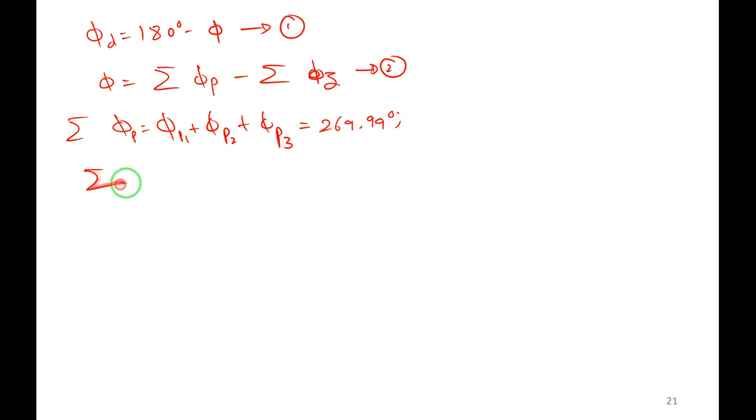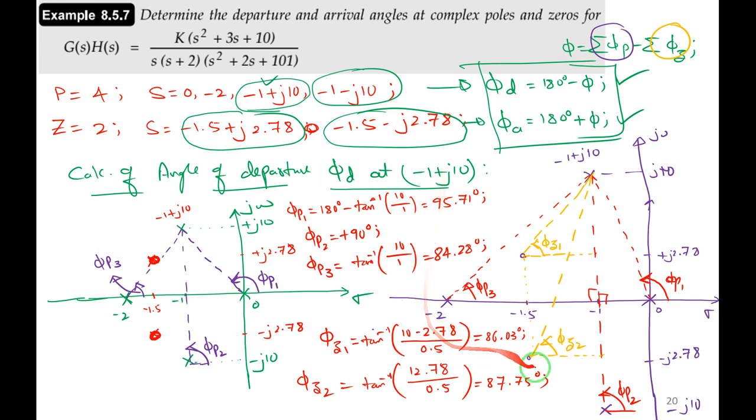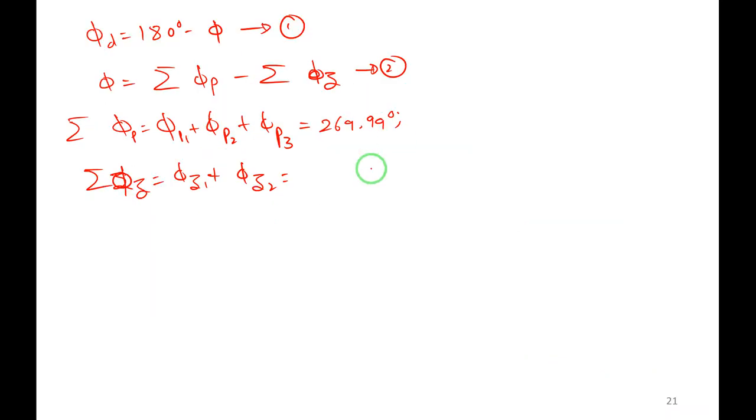Then let me calculate summation of phi z, the angles subtended by zeros. It is phi z1 plus phi z2: 86.03 plus 87.75. So I got it as 173.78 degrees.